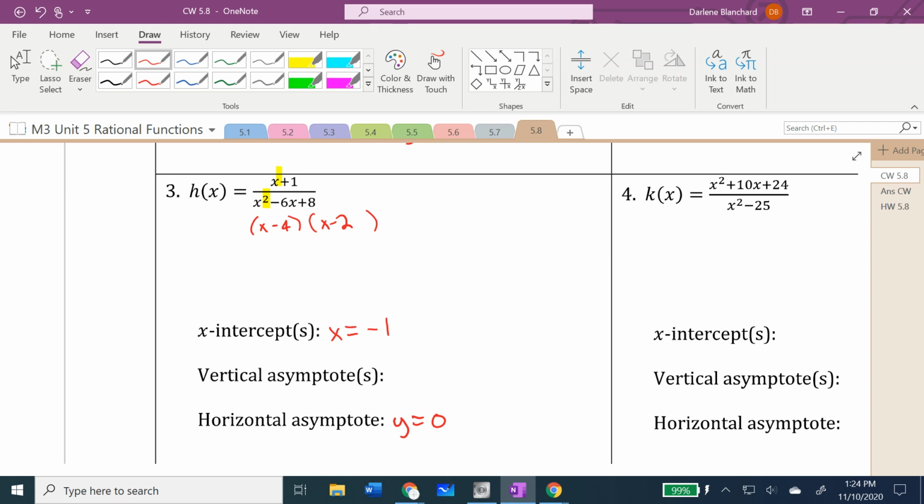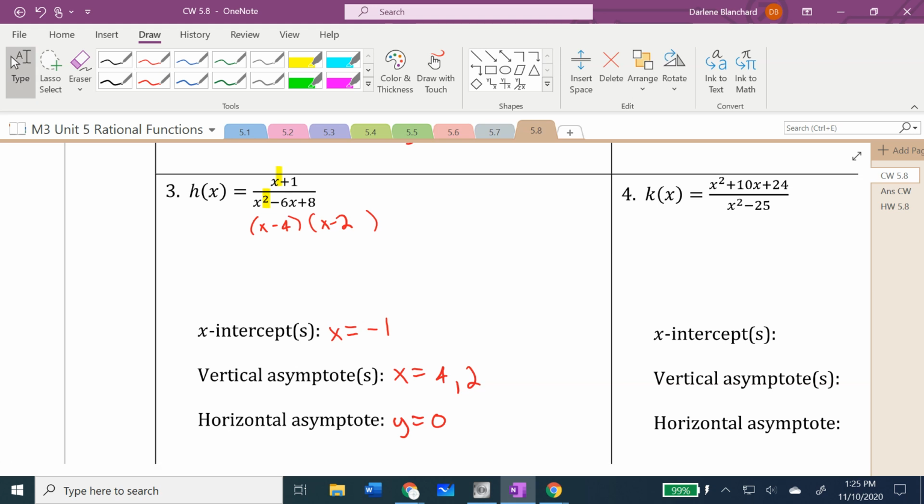But if you have a larger degree on the numerator, then when you head to infinity, it's growing up or down. And then the vertical asymptotes are what make the denominator 0, which is +4 and +2 in this case.